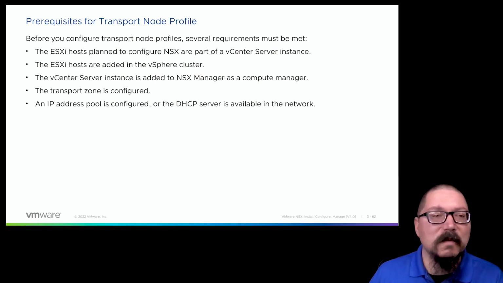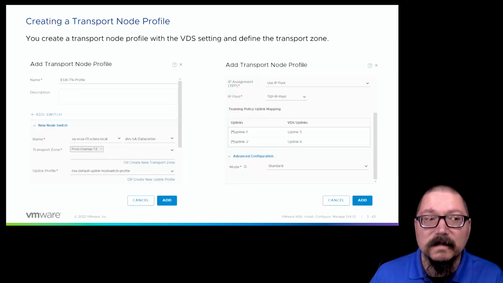I'm going to need a transport zone. I'm going to need IP address pools, or perhaps a DHCP server, that's an option for my tunnel endpoint addressing as well. So we've got a number of requirements here before we can move forward with leveraging transport node profiles.